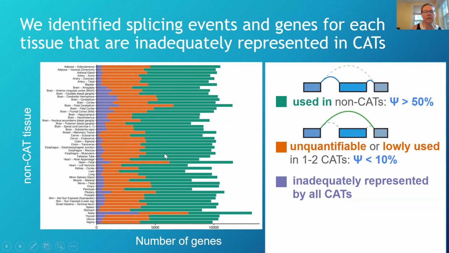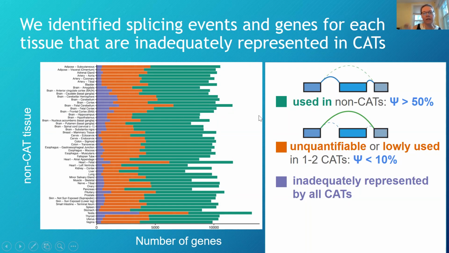In the green category here, these are ones that are well represented by all 3 CATs. So basically if something's in the green area, you could pick either whole blood, a lymphoblastic cell line, or a fibroblast cell line, and all 3 of those would pretty well recapitulate the expression and the splicing that you're seeing in the tissue of interest on the left side.